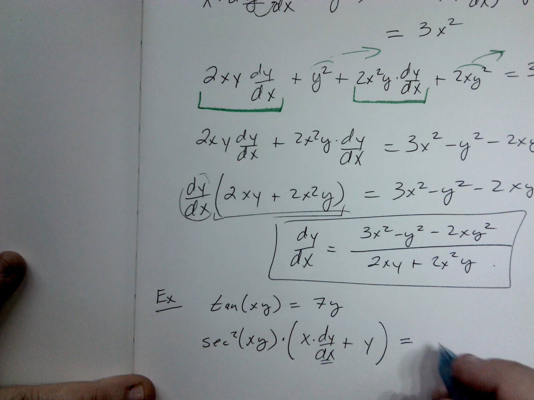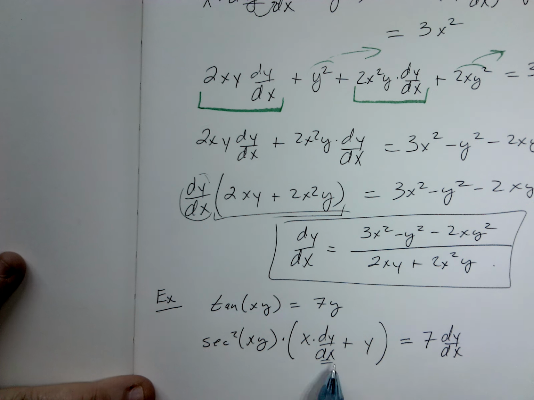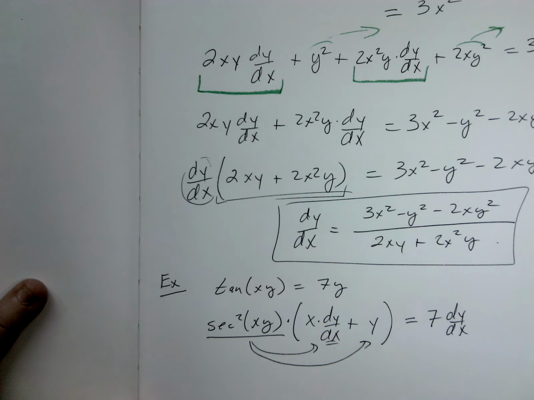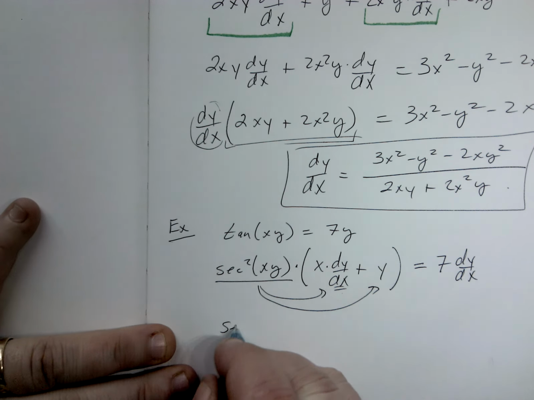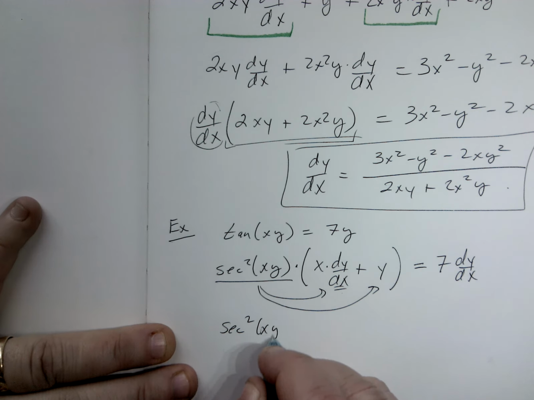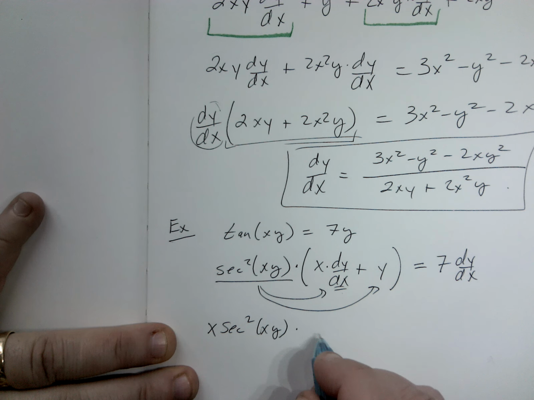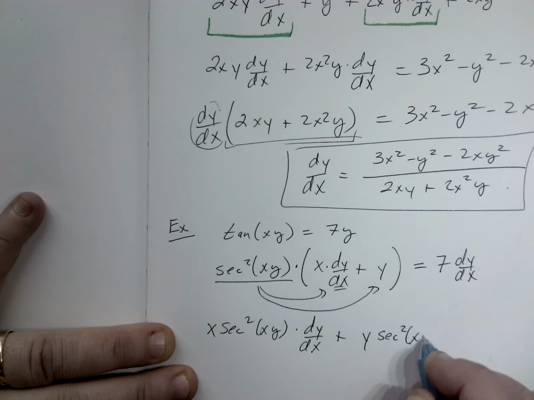Over here I have 7 times dy/dx. So to get the dy/dx out, I have to distribute this thing on the outside, the secant squared of xy. So I will have secant squared of xy times x, I'm going to stick that x in front so it doesn't get sucked into the secant, times dy/dx, plus y times secant squared xy.